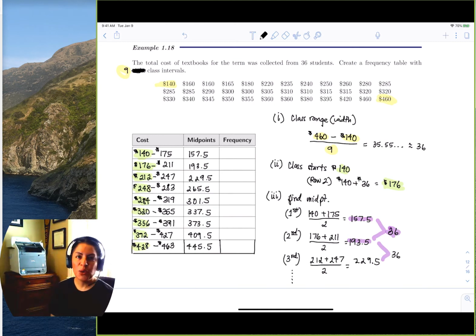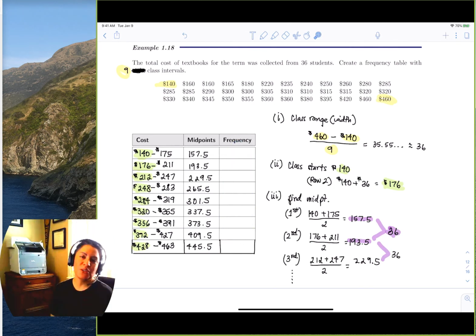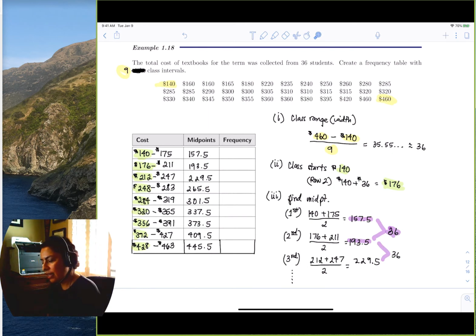All right, so the last part of this is this frequency chart. So now all we have to do is count. Let's count how many in each category. So let's go through and just look at the number of dollars that lie between 140 and 175.